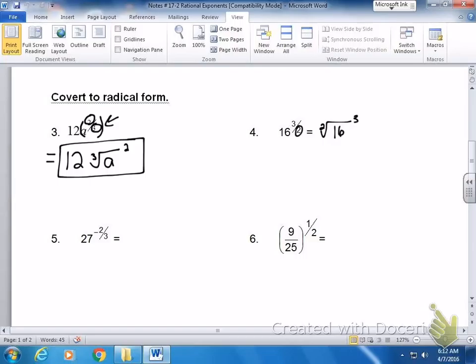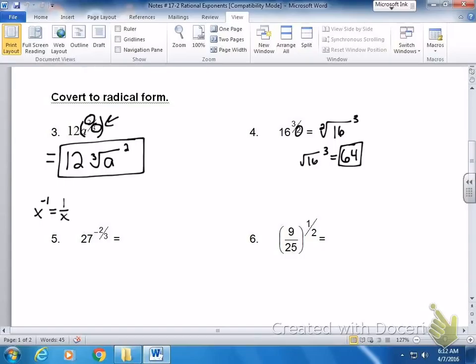Now, we could put that in our calculator also. You just do the square root of 16 cubed. If you do that right, you should get 64. So far it's just transforming, a little bit of calculator. Number 5 adds in something different, and that's a negative exponent. Now, if you don't remember, if I have x to the -1, that's equal to 1 over x.